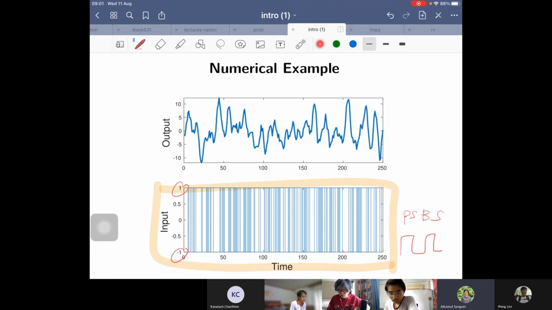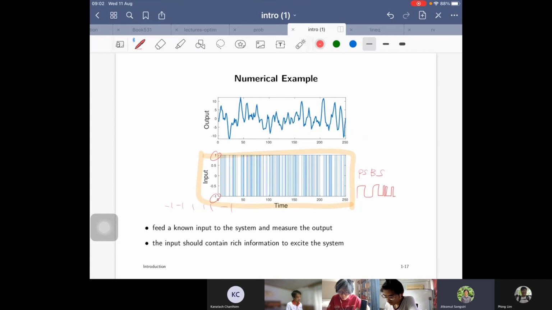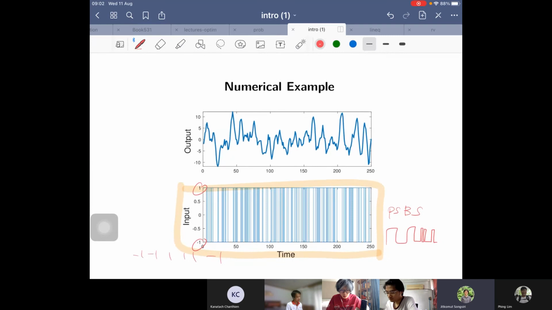If I zoom in, it's going to be like this: -1, -1, -1, 1, 1, -1. It's a sequence of these binary values, and you feed it to a system of certain order, and this is your output response.